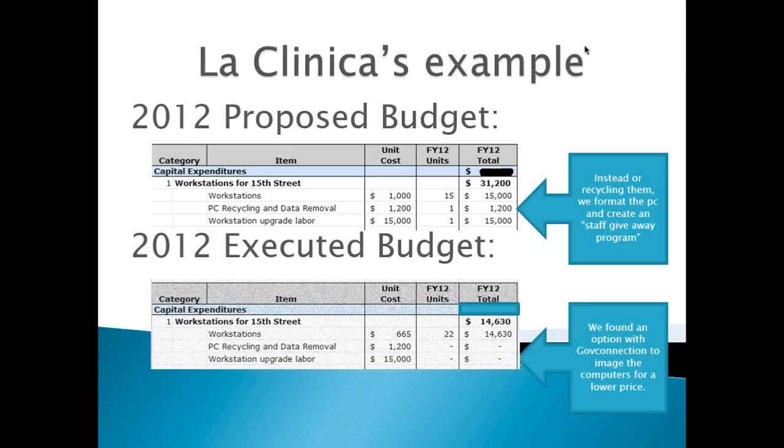And the workstation upgrade labor, in this case, Gov Connection, I think they are a really big company, and they have a warehouse where they were able to set an image for one computer that I have here, and they did it for a reasonable price.